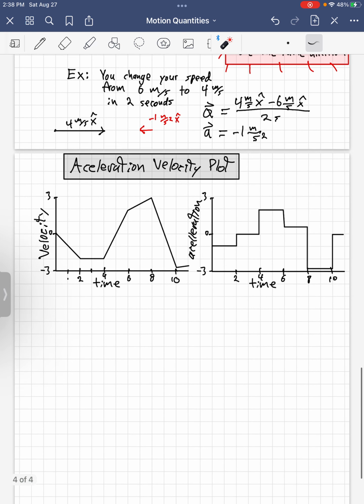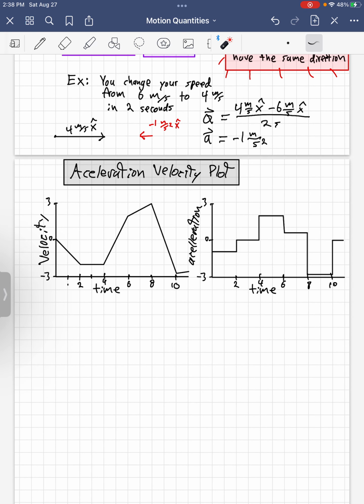All right, so here's an example of how we can look at a velocity plot, and then we can draw a corresponding acceleration plot. In this plot, we have velocity on the vertical axis and time on the horizontal axis. Here we initially have a velocity of 0, and then our velocity decreases, and then the velocity stays the same over this time period between 2 and 4 seconds.